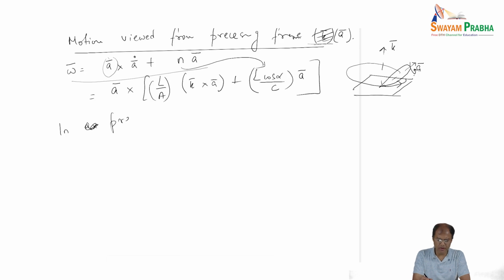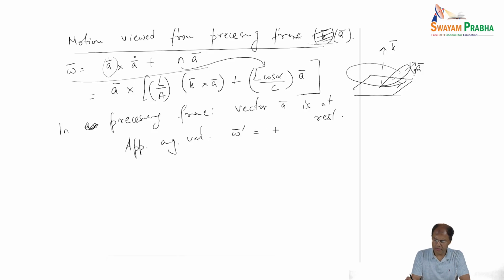So in the precessing frame, the vector A is at rest. So what we have is that the apparent angular velocity omega prime this time is L cos alpha times A minus C by AC. So L cos alpha A minus C by AC times A, right?